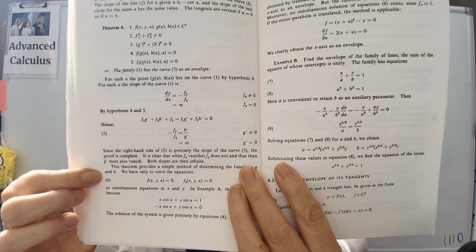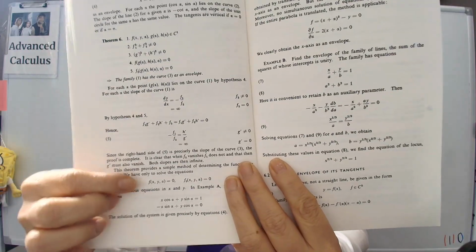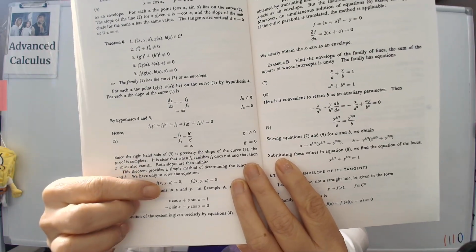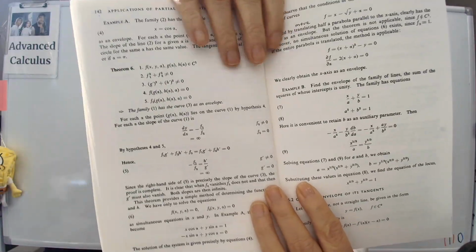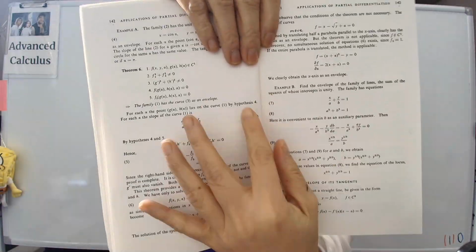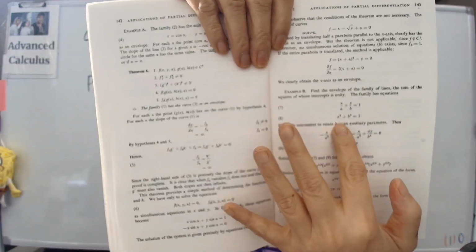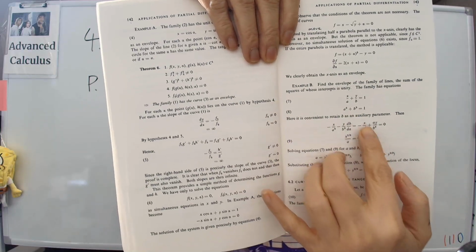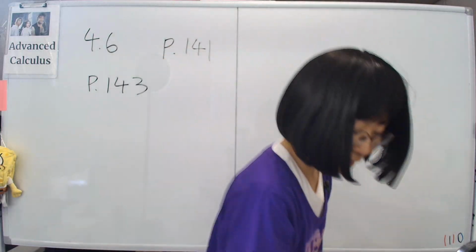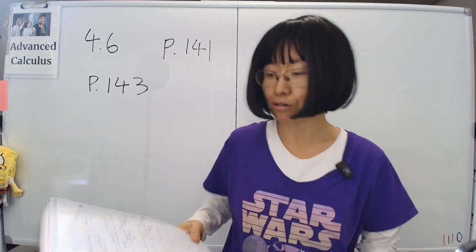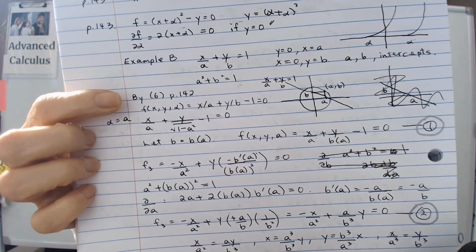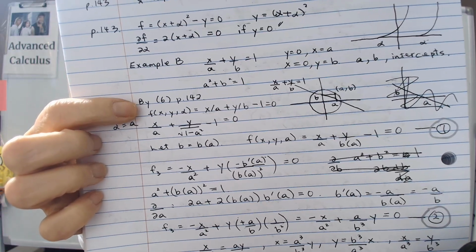We'll have a function f of x, y, alpha, and then take the f3. Now, this function has two variables, but we'll take one to represent the other. In this case, alpha is chosen as a, and then there's a way to represent b.